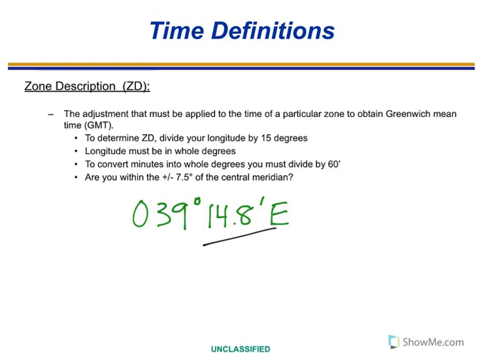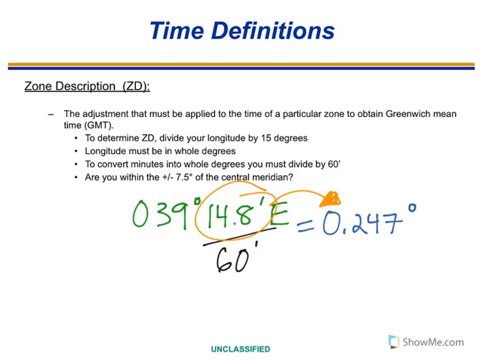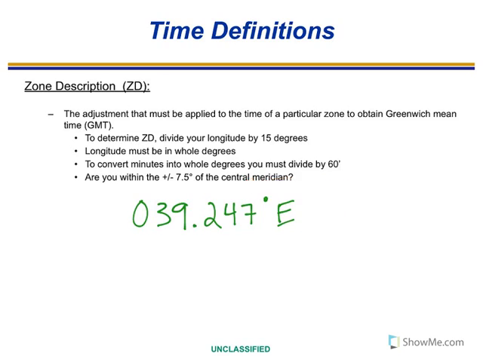So we'll take 14.8 minutes divided by 60 minutes, put that into a calculator, and we get 0.247. And that's in degrees. So what we just did is we took 14.8 minutes and converted it into degrees. So this number, 14.8, is equivalent to 0.247 degrees. So now we'll get rid of the minutes and replace them with the decimal degrees. And now we have a number that we can put into a calculator.